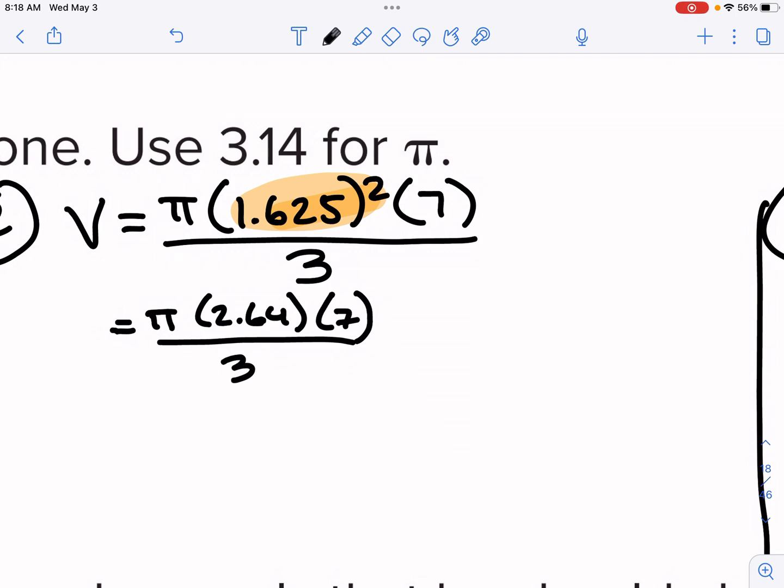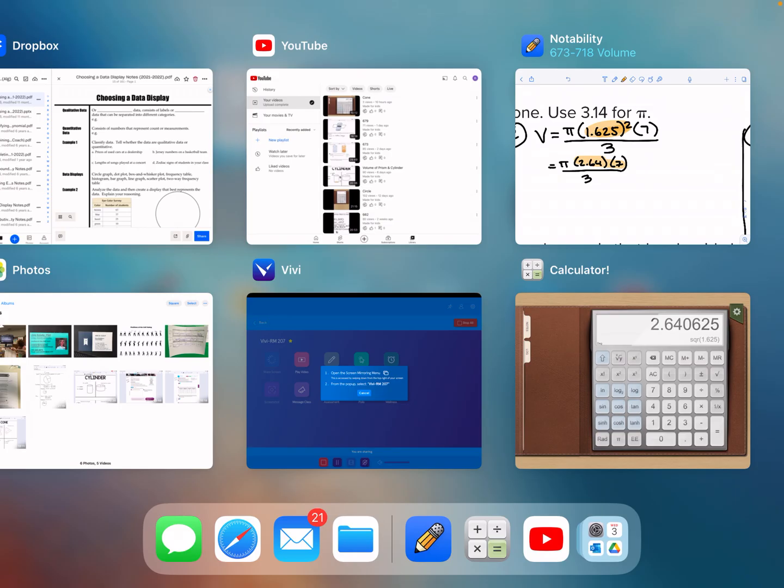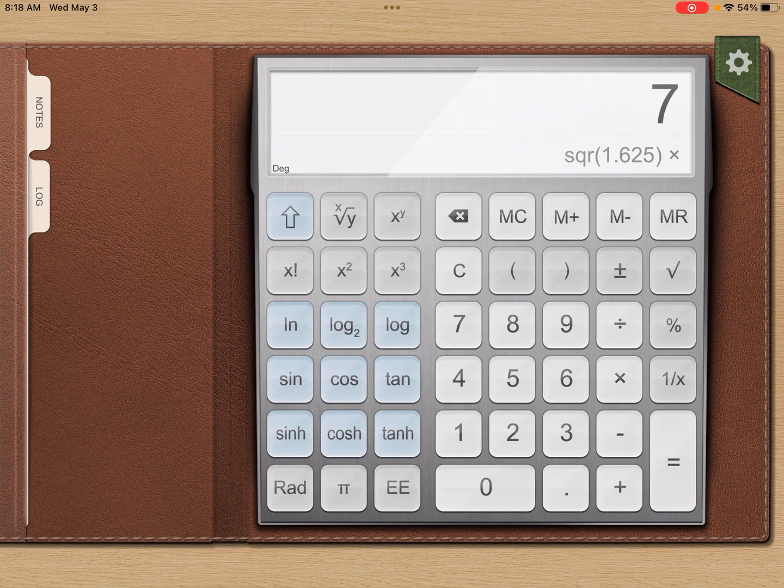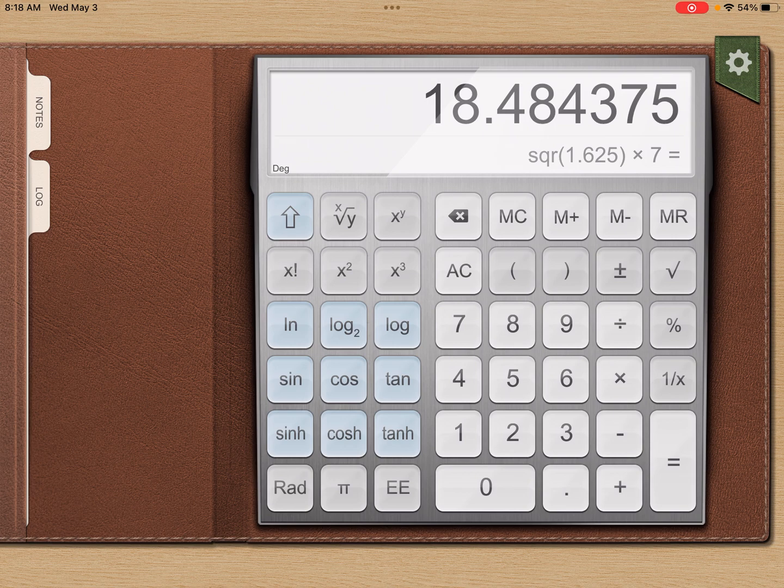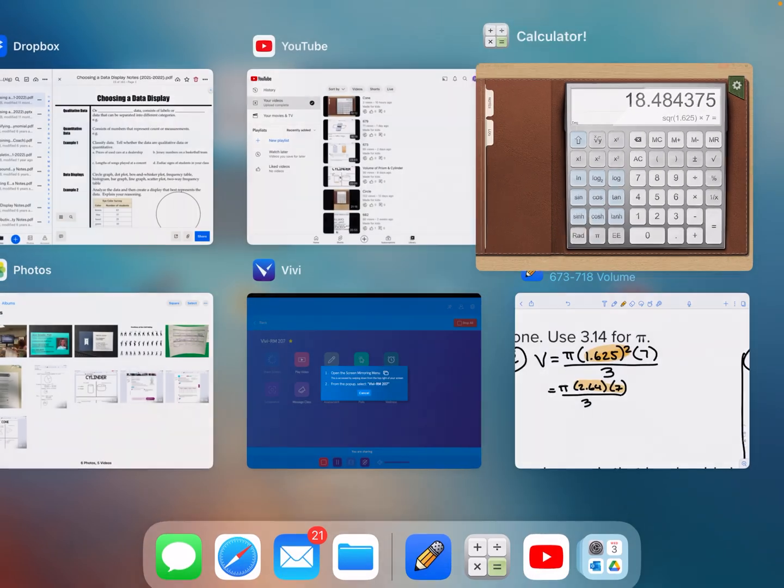As always, we're going to multiply the two numbers in our numerators together. So I'll just put times 7. Rounding to the nearest hundredths place, it looks like this is 18.48.